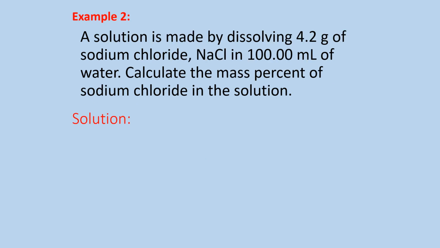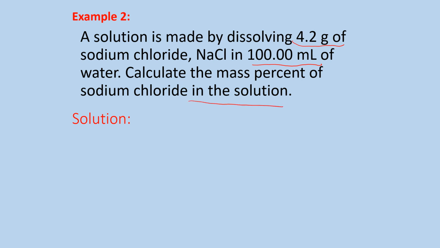Okay, example 2. A solution is made by dissolving 4.2 gram of sodium chloride in 100 ml of water. So sodium chloride, 4.2 gram, is the solute and water is the solvent. Calculate the mass percent of sodium chloride in the solution.